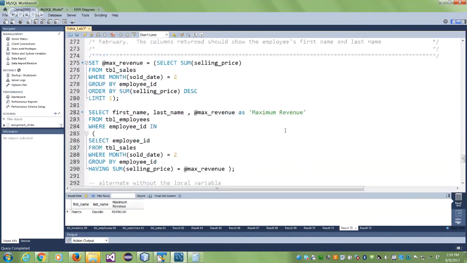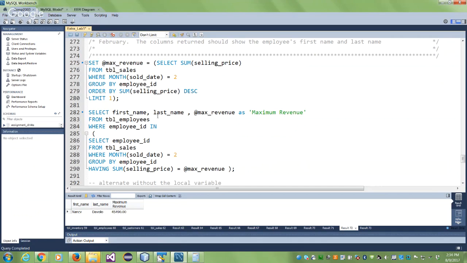I calculated the local variable first and found out what the maximum revenue is. Then I said, select the sum, group it by persons. The month was only 2, so I found what the maximum is, and then I showed all the names who had that maximum. It's not that one person may have it, or 2 or 3. I had no clue. So this is the foolproof way of doing it, right?